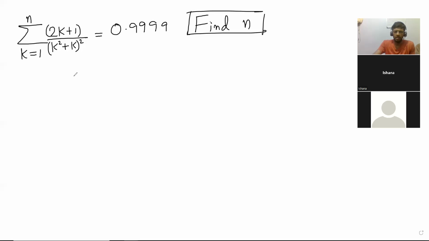See, this kind of question we did once. The idea is to try to split the term. So you look at a general term. General term is 2k plus 1 by this thing. And try to simplify it. Try to write it as a difference of two things or something like that. Like I'm writing it like this. Square of this actually. Yeah, but I don't know if that will be useful. So you see, you can split it.